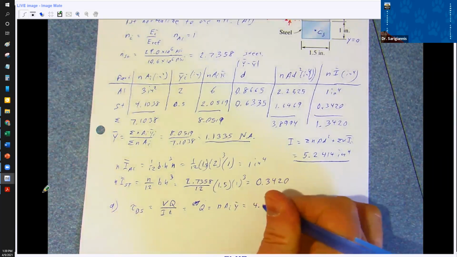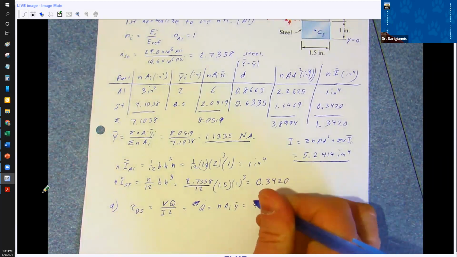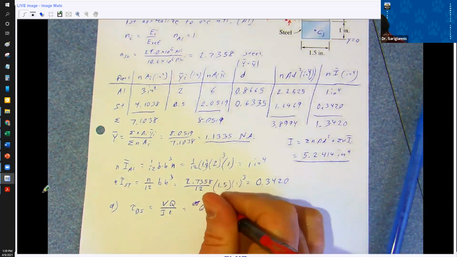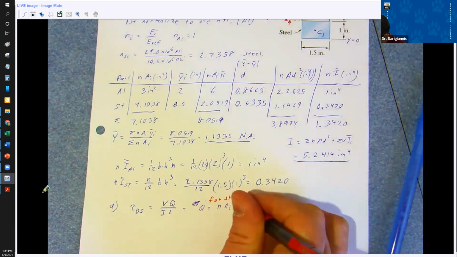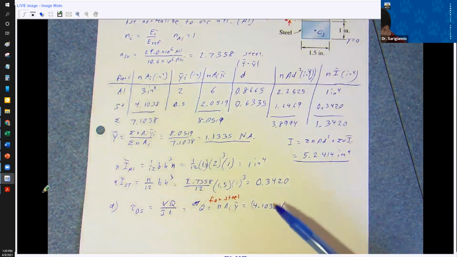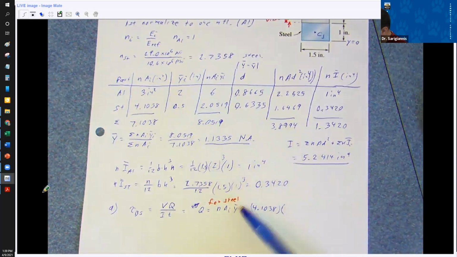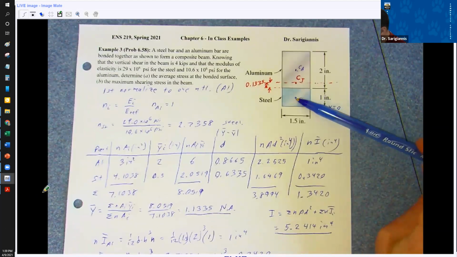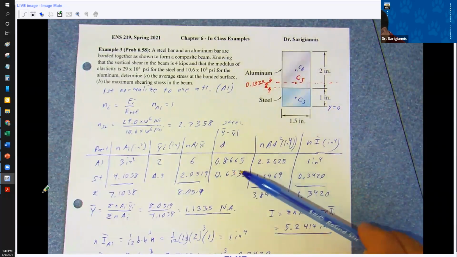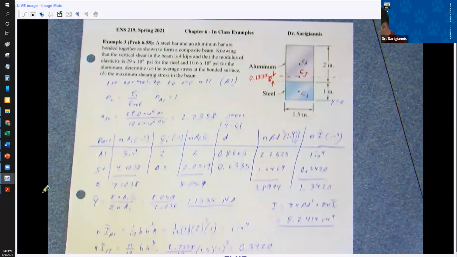So that's going to be 4.1038. Let's put a note in here for steel. And then y bar we already have. Remember, that's the distance from the part centroid to the overall centroid, and that's actually this distance right here, 0.6335.